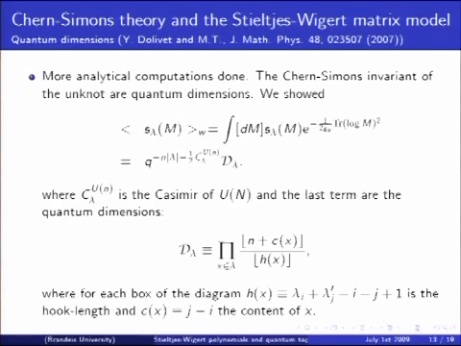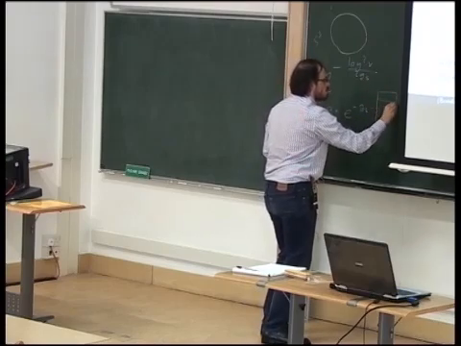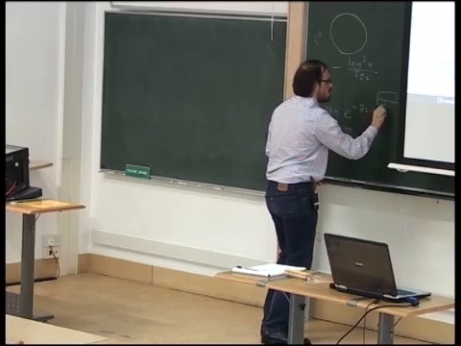We did this computation, and we found that it was equal to the quantum dimensions. This is the Casimir of the U(N) gauge group associated with the representation lambda, because here the lambda, this arbitrary representation, is typically given by a Young tableau. So we'll have something like that, or whatever.